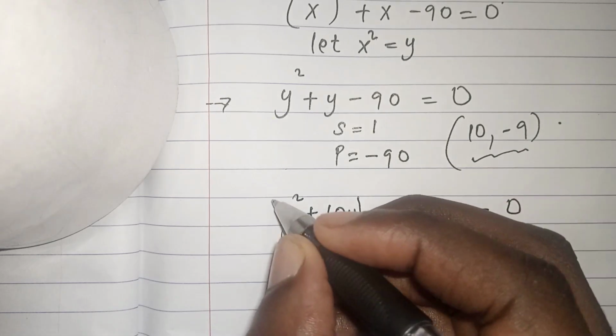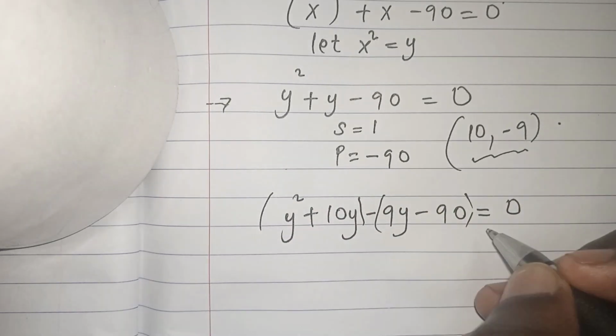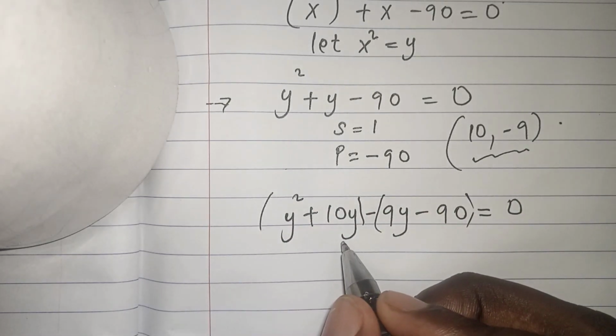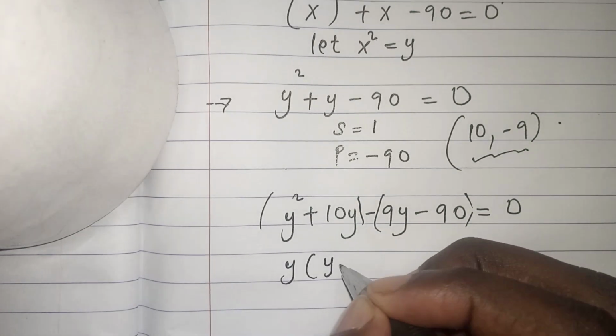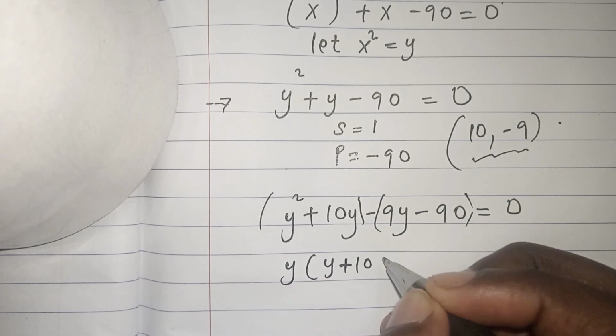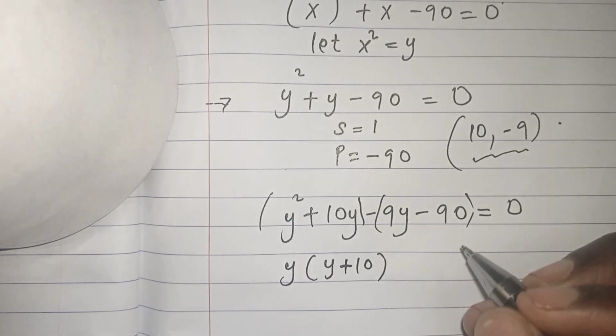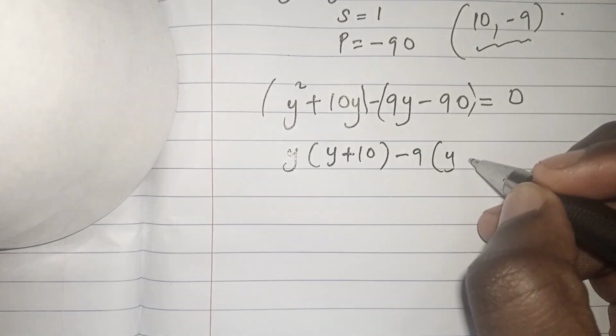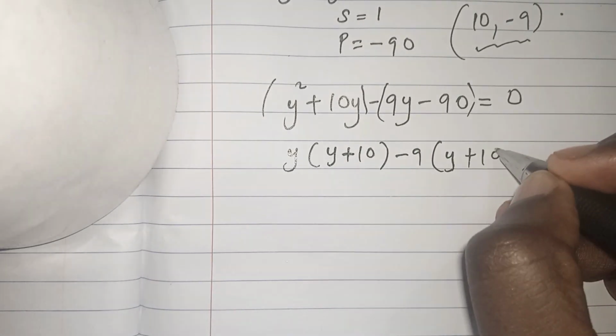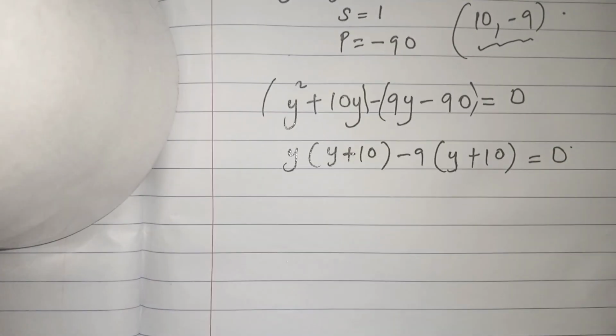So this is our first term and this is our second term. We shall then factor out our common factor here, which is y. So y into y plus 10 bracket, we shall then factor out here negative 9 into y plus 10, is equal to 0.